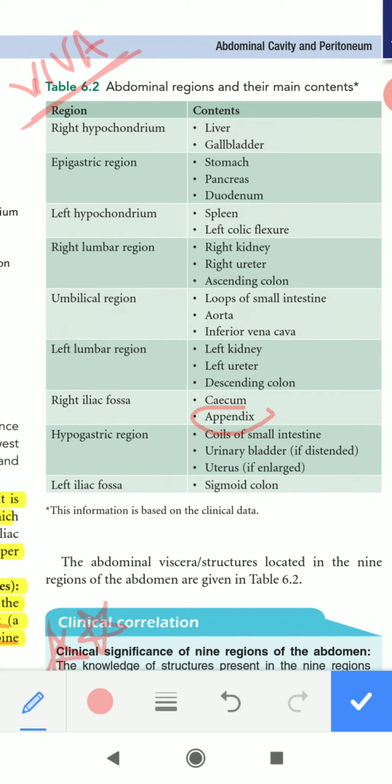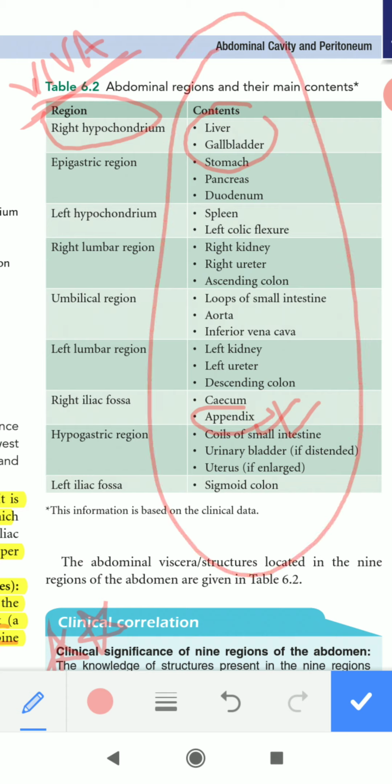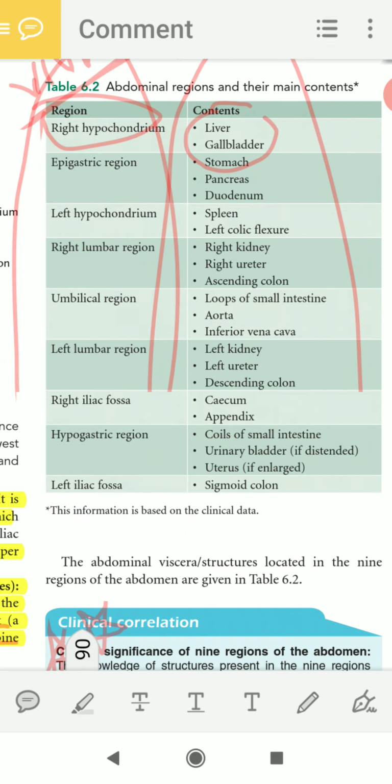So any patient coming with right iliac fossa pain, you will definitely think about appendicitis. If a patient comes with right hypochondriac pain, look at that, in the right hypochondrium there is the liver and gallbladder. So you can think any pathology is related to the liver or gallbladder. It may be gallstone, hepatitis or hepatic abscess. So you have to know all the contents in all the 9 regions.